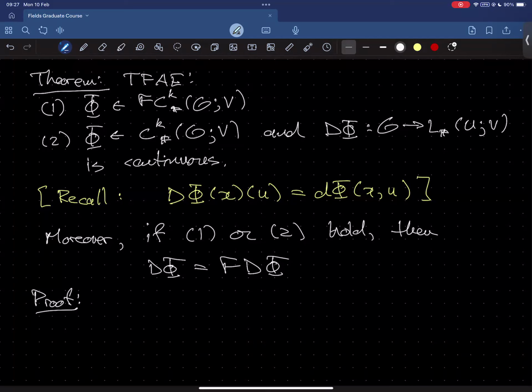I'm omitting a non-trivial part of the proof, and I'll write something to that effect at the end. So we consider only the case k equals 1.